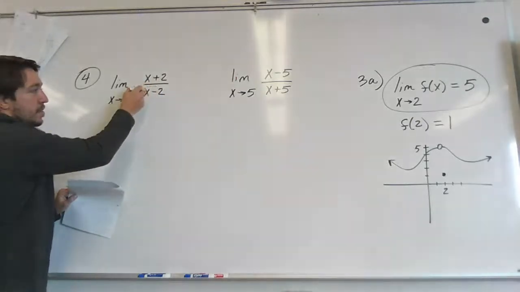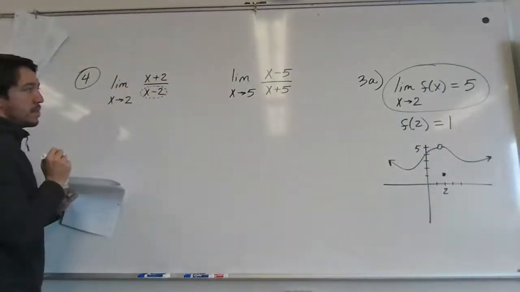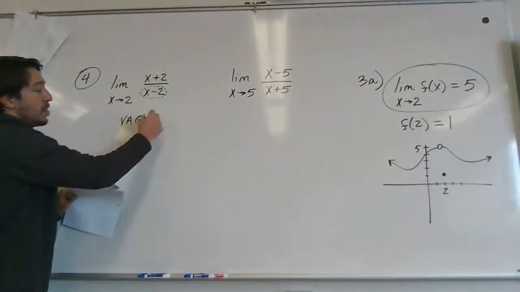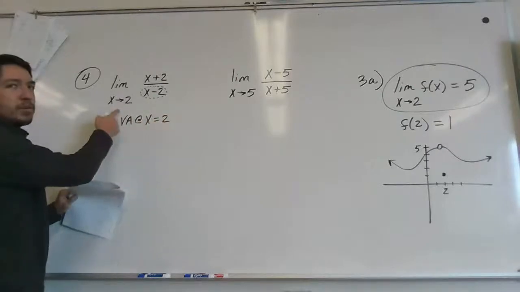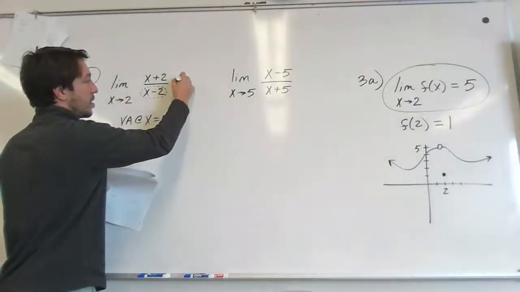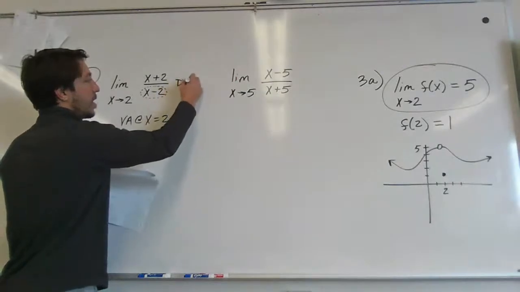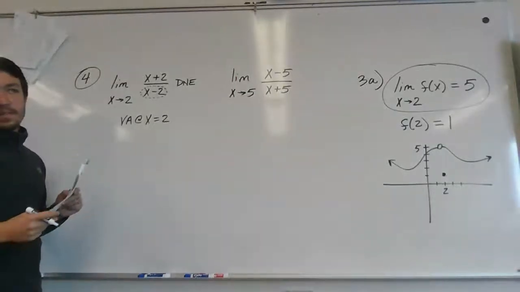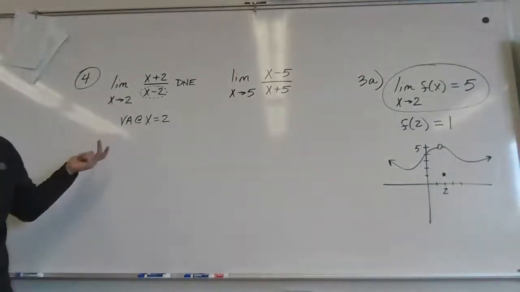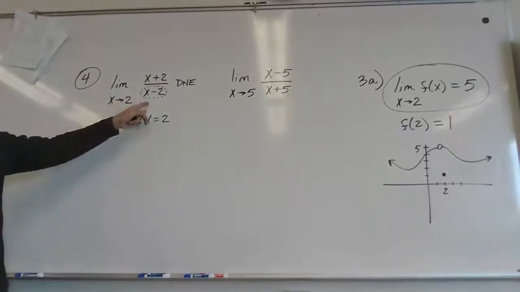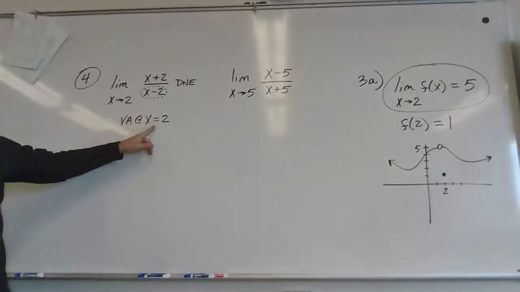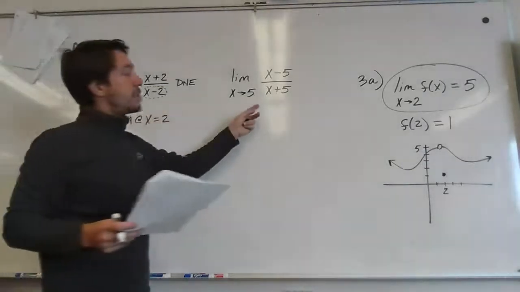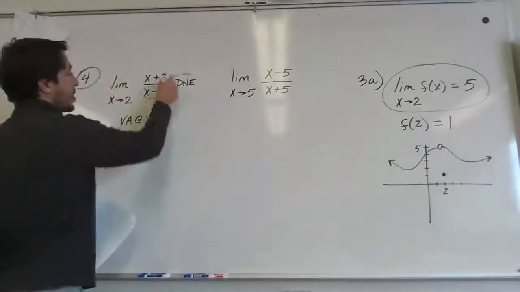If you were to graph this, it has a vertical asymptote at 2, right? So what's the limit as we approach 2? Does not exist. Make sense? So do I actually have to graph the entire thing? No, I just have to recognize that because of the denominator, there's a vertical asymptote at 2, which means the limit at 2 can't exist. The answer is does not exist.